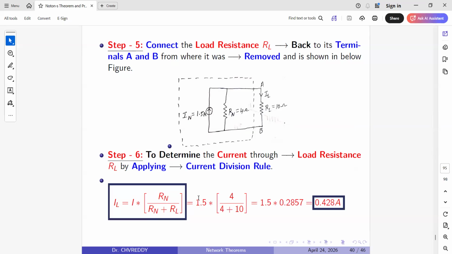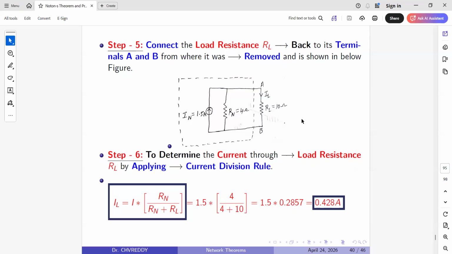So now the Norton's current, that is the total current, 1.5 amps into 4 by 4 plus 10, is equal to 1.5 into 0.2857. So now the load current is 0.428 amps. So this much current is passing through the load resistance.